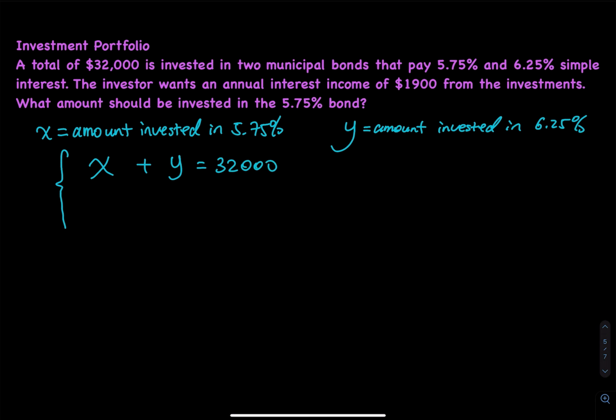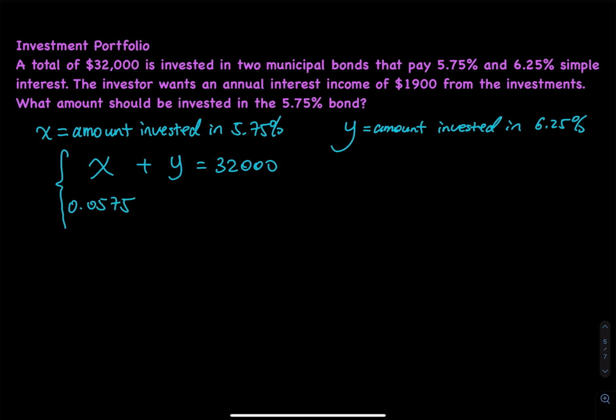And then what about the second one, the interest rate? Let's say you invest $2,000 and the interest rate is 10%. That means the interest is $2,000 multiplied by 10%, which is 0.1. Converting from percentage to decimal, 5.75% is 0.0575.